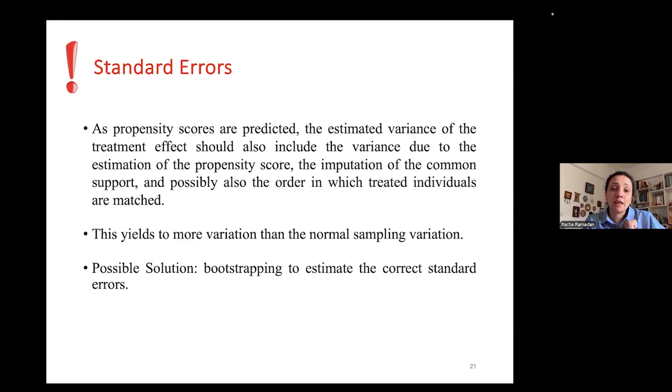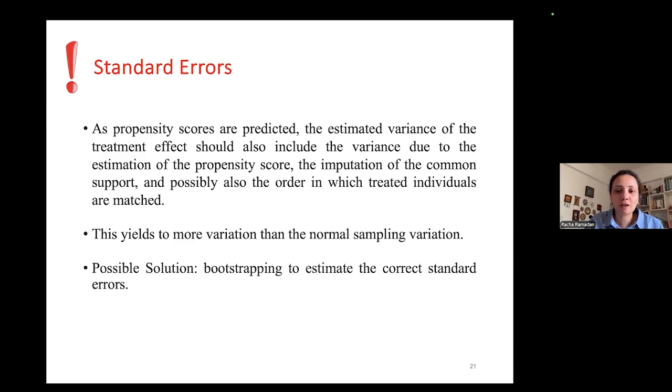So in this case, the variance of your estimator can be large, because it's not only based on the variance in your sample, but also on an estimated or predicted score that also has a variance. So this might increase the variance of your estimation, and this is something that we don't want to have.